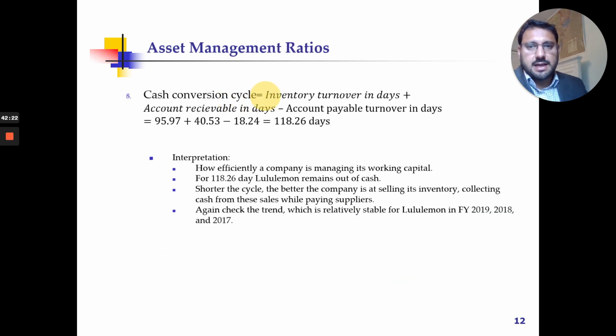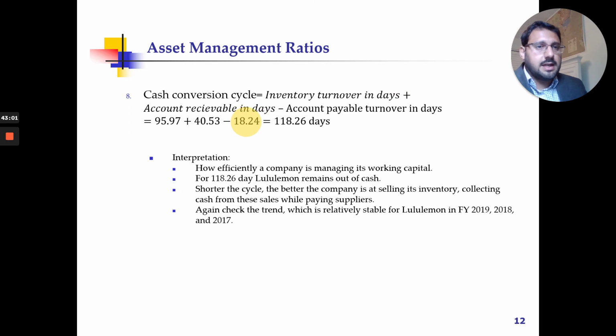So those 50 days are your cash conversion cycle. The cash conversion cycle formula is inventory turnover in days plus accounts receivable in days, minus accounts payable in days. For Lululemon, it was 95.97 inventory turnover in days and 40.53 accounts receivable in days, minus accounts payable, the cushion given to you by the supplier, because they are funding a part of your operations by selling the raw material to Lululemon on credit terms.